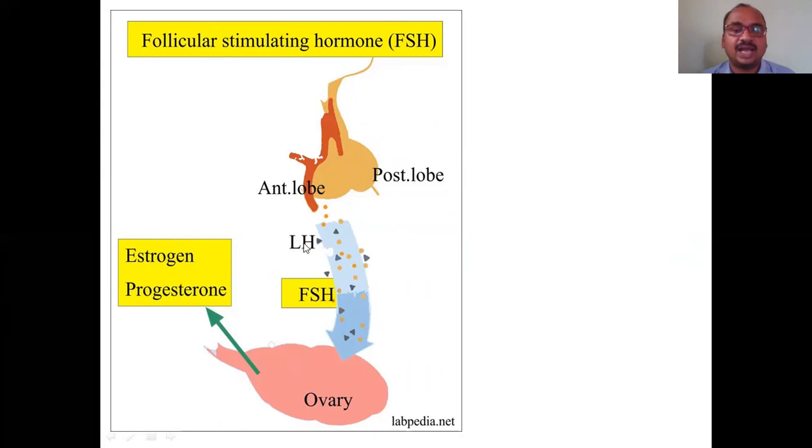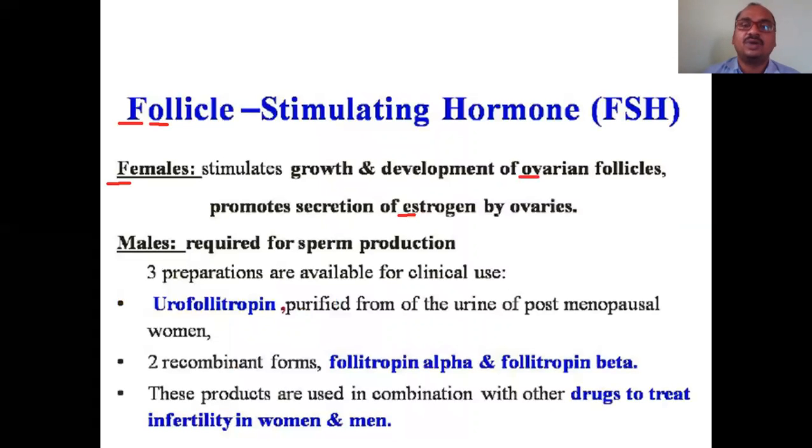Estrogen acts on the ovary. So this ovary secretes two hormones, estrogen and progesterone. You got my point? Estrogen, progesterone. Okay, like that you can remember. Follicular stimulating hormone, I have shown the hint also, females. It stimulates the growth and development of ovaries.